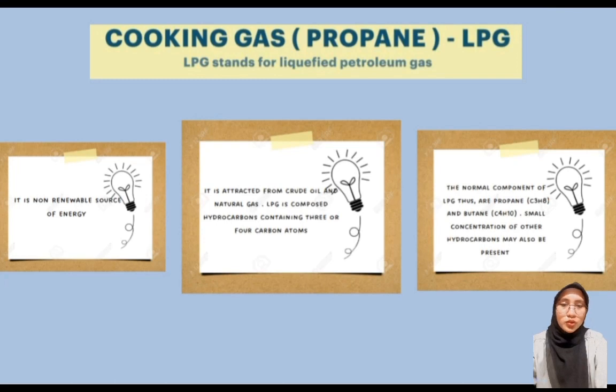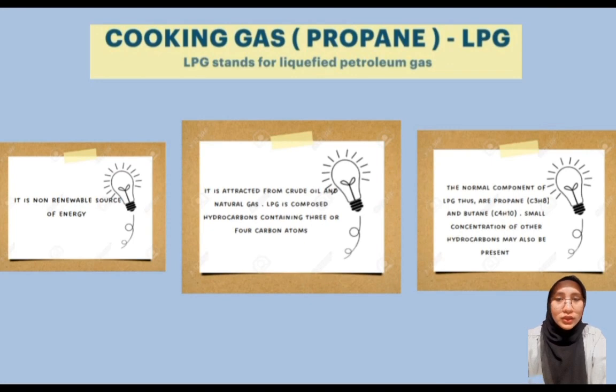Next is cooking gas or propane. Propane is a non-renewable source of energy. It is obtained from crude oil and natural gas. LPG is composed of hydrocarbons containing 3 or 4 carbon atoms. The normal components of LPG gas are propane C3H8 and butane C4H10.